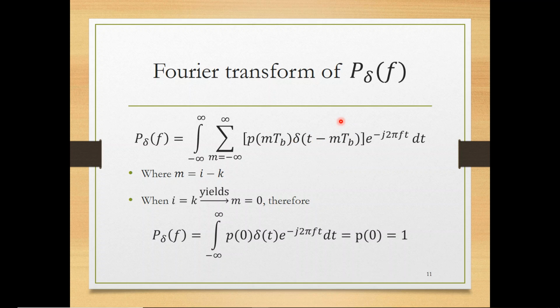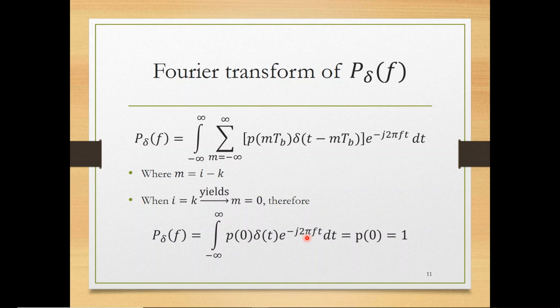So this is basically the successive delta functions weighted with the amplitude of the pulse you are transmitting, and when m equals i minus k, and in the case when i is equal to k, in this case m equals 0, and if you substitute here 0, what happens? You have p(0) δ(t) e to the minus j2πft. What's the integration of this function?